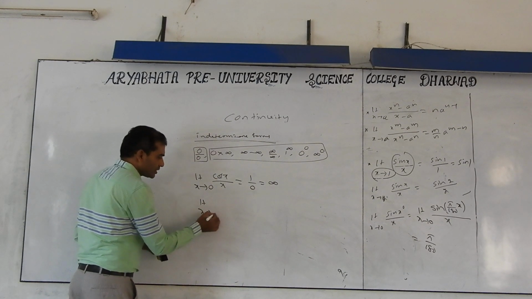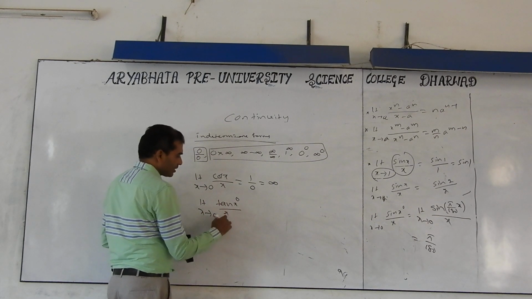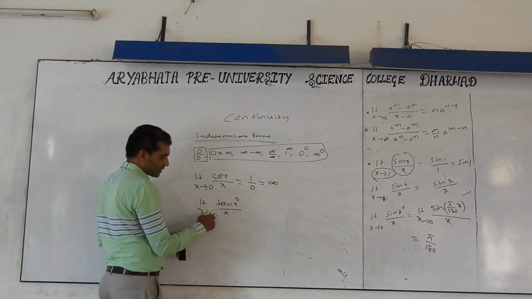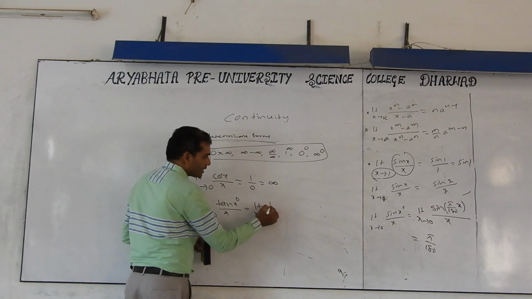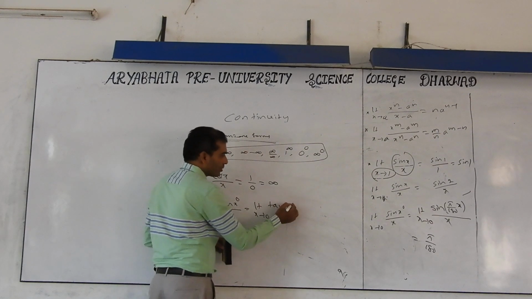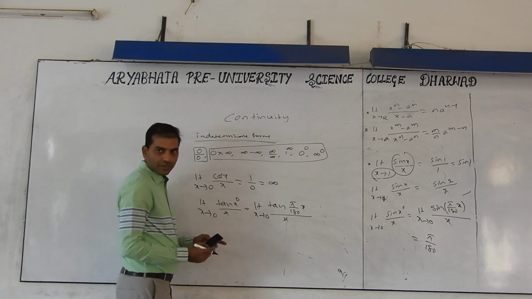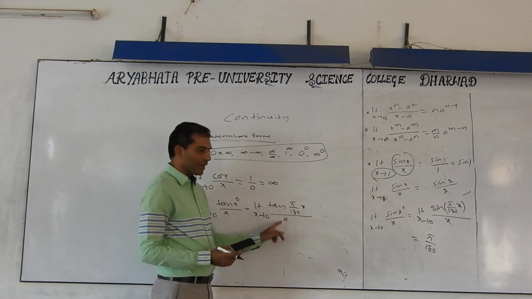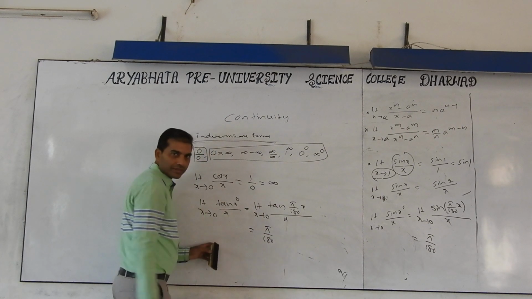Limit x tends to 0 tan x degree by x, but it is not 1. x degree, make it into radians. Limit x tends to 0 tan of x degree equal to, in radians, pi by 180 into x by x, which is in the form of tan ax by x, which is equal to a, that is pi by 180.